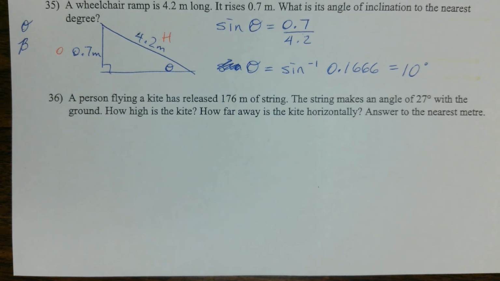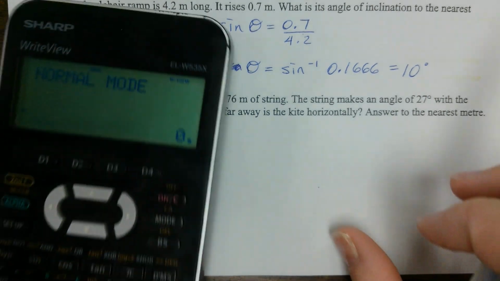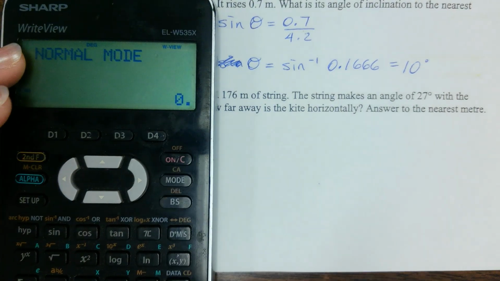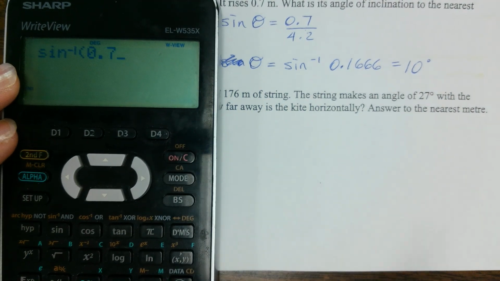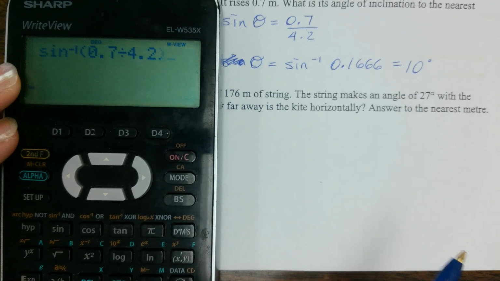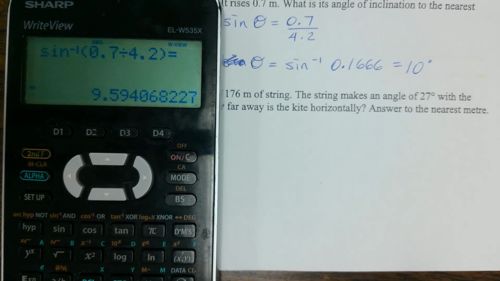Because if you don't use the formula, and instead just type sine inverse of 0.7 divided by 4.2, we round to 9. Really? Did you use brackets? 0.7 divided by 4.2. No, I still get the same thing.